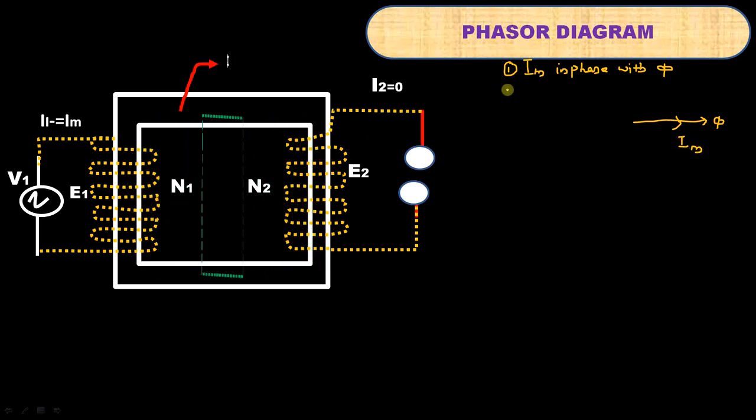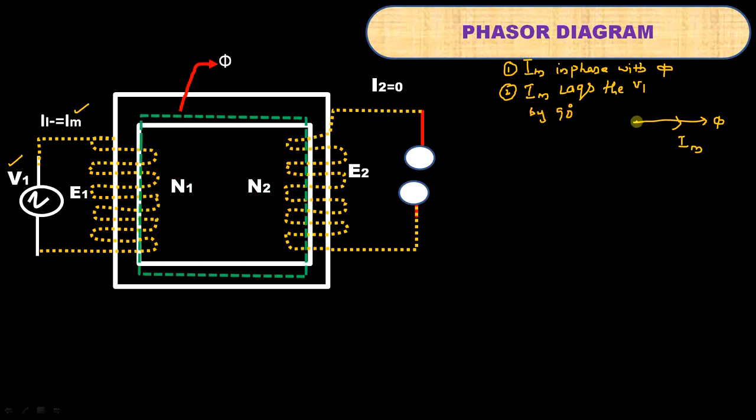Now the second point: Im lags the V1 by 90 degrees. So this is 90 degrees, and V1 will come here.